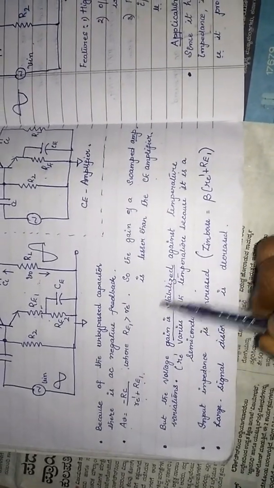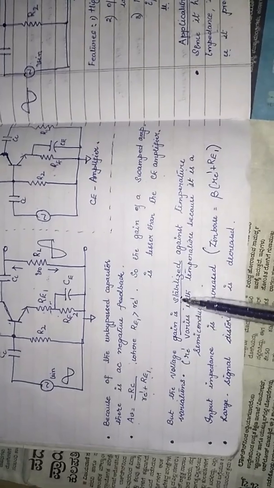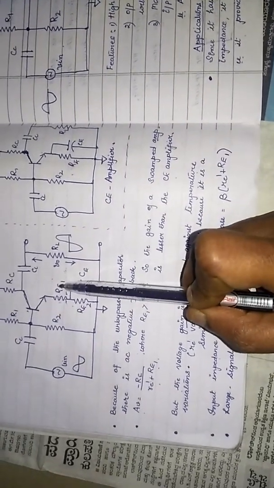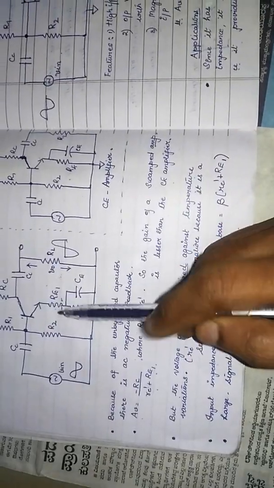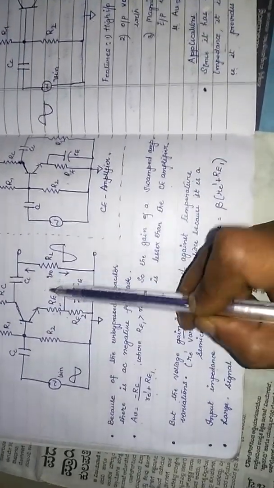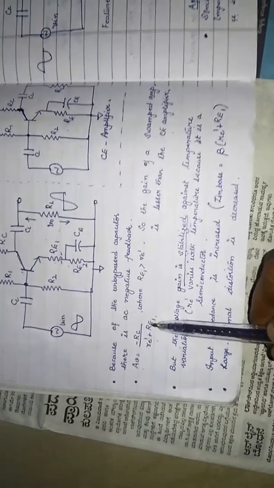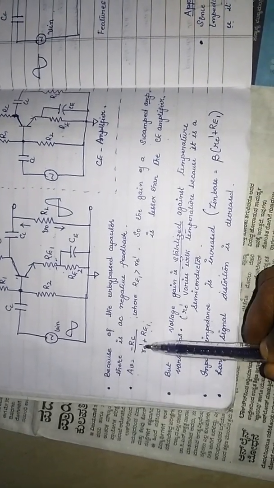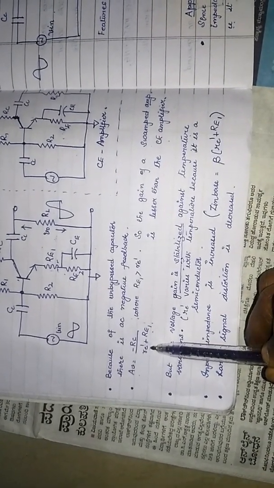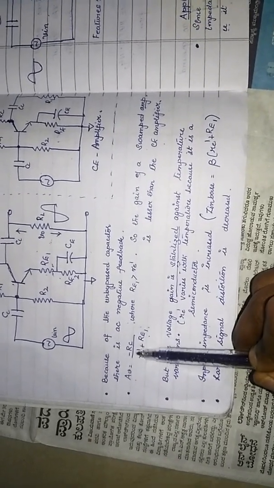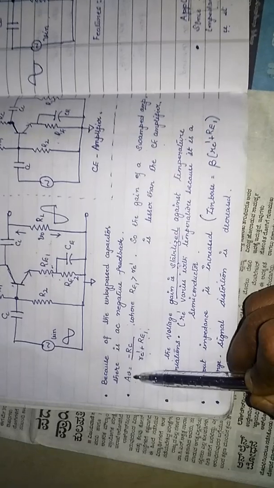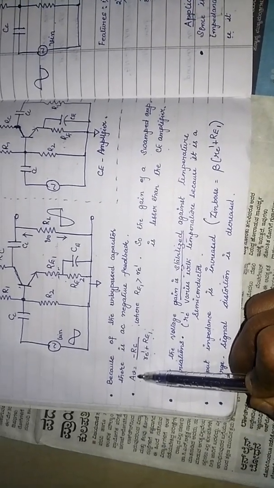So this problem is overcome here by using a resistance RE1. So you know what is the effect of RE1? RE1 is called the swamping resistance. So what is a swamping resistance? Note students, if this value is very much greater than RE dash, what will happen? This will appear to be negligible. When this appears to be negligible, any variations in this will not be affecting your AV. I hope you understand.